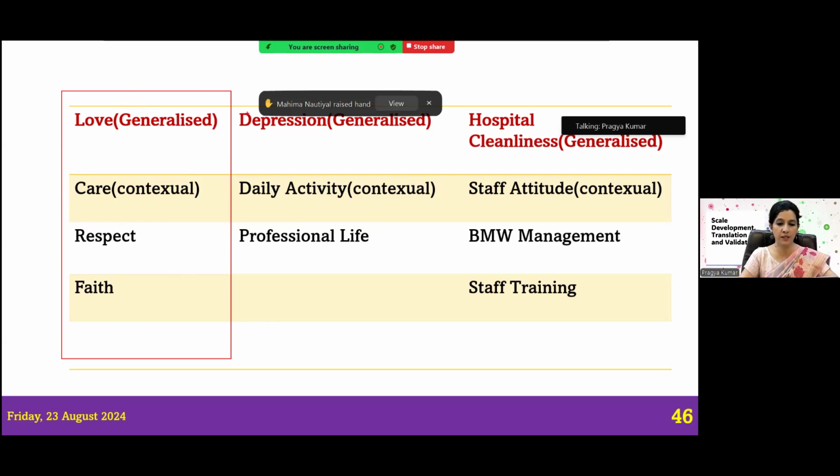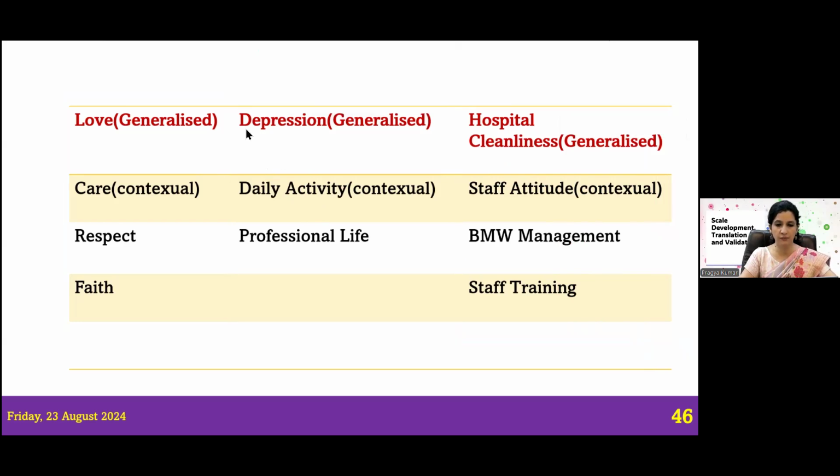Similarly, depression is a generalized construct, and then depression in daily activities or depression in professional life are contextual. Similarly, hospital cleanliness is a broad concept, and if you break it into small parts, like staff attitude, biomedical waste management, and staff training, these are contextual. So this is the difference: a broad concept is generally broken down into smaller contextual parts or domains.